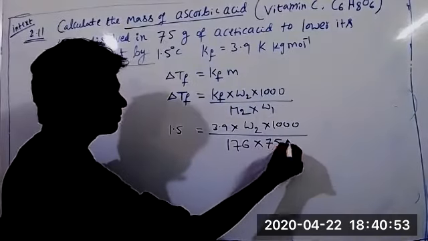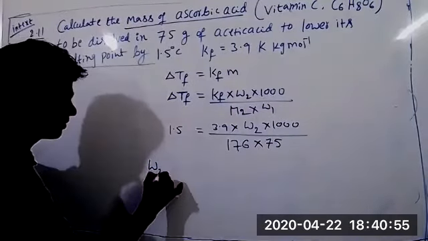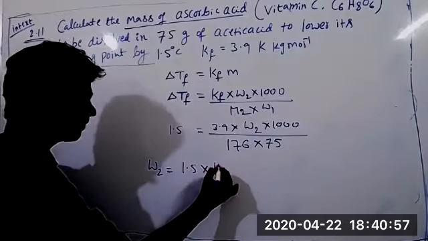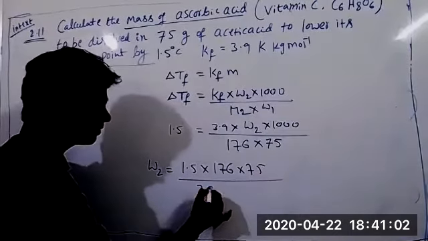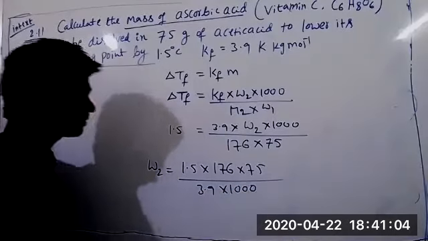Now W2 is equal to 1.5 into 176 into 75 divided by 3.9 into 1000.